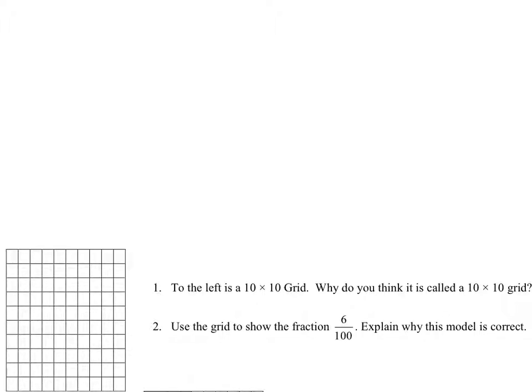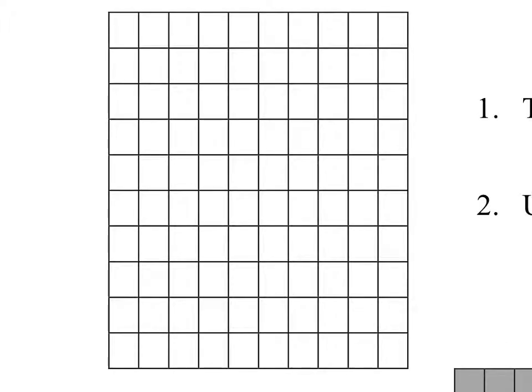So then we'll use the grid to show the fraction 6/100ths, and we'll explain why this model is correct. So there are 100 parts to this grid, because it's a 10 by 10. So we're going to fill this in. 6 of these. Well, there's 1, 2, 3, 4, 5, 6. 6 parts filled out.